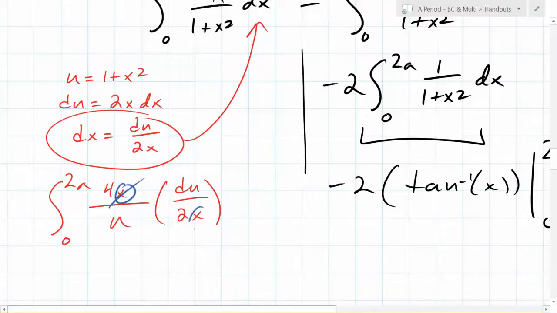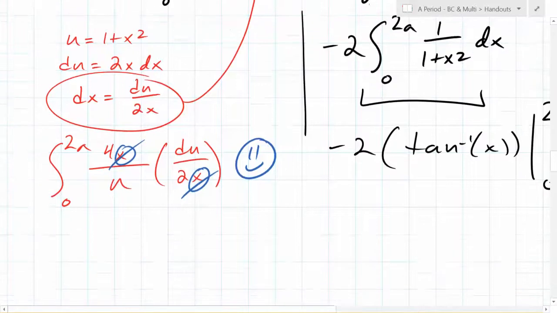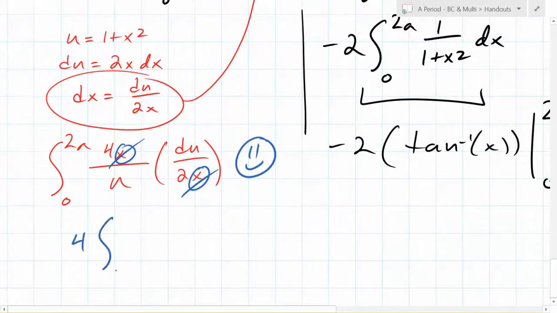This goes away, and that goes away, and it makes us so happy because how many variables do we now have? 1. That's what we want. We're in single variable land still. So now we have 4 times the integral from 0 to 2a of what? 1 over u du.